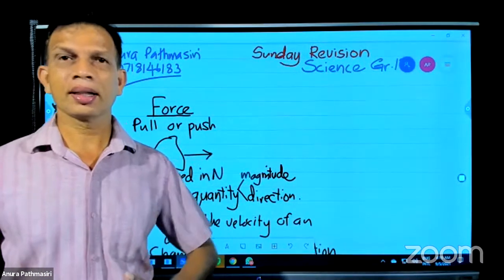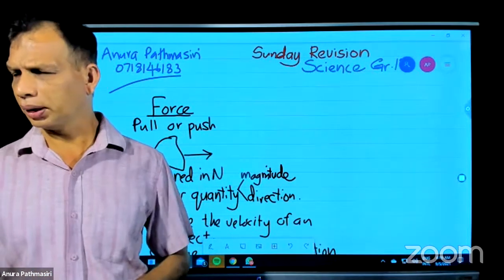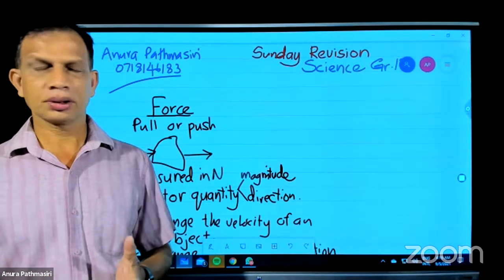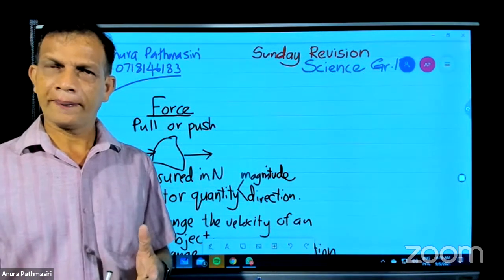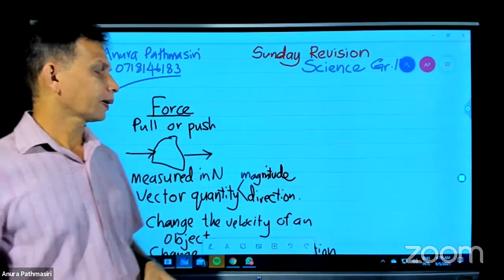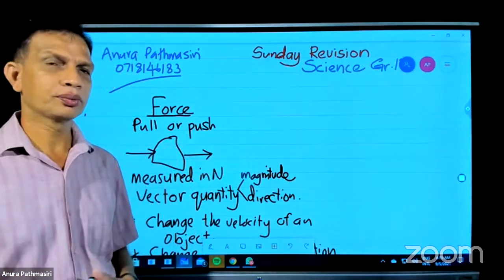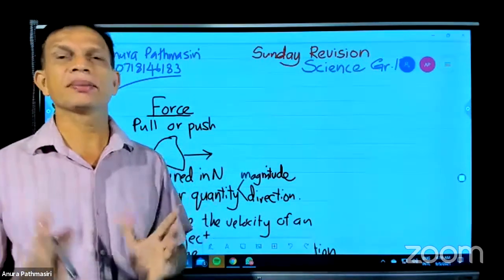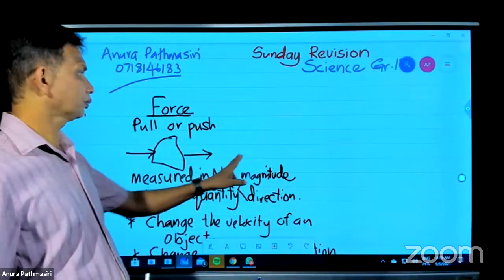There are three laws of motion relevant to Newton: first law, second law, third law, and some calculations. This will be going with force, therefore we must understand some basics about force. That's why I gave you some idea about force.